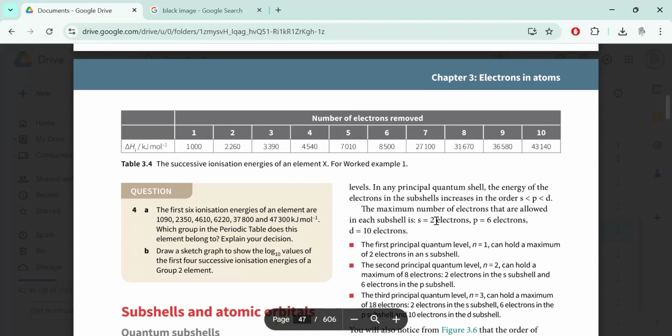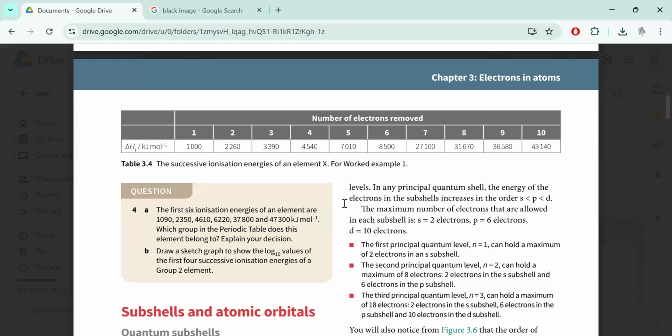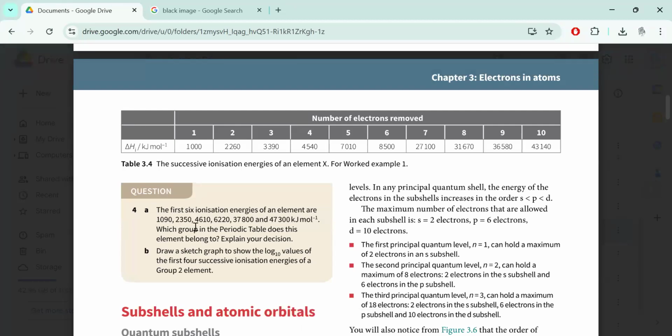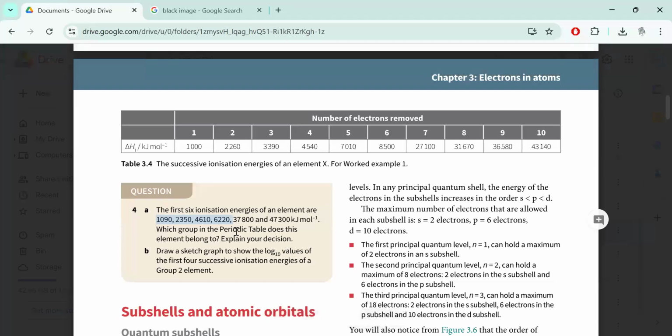Okay, so now we are going to move on to this one here. The first 6 ionization energies of an element are the numbers you can see here: 1090, 2350, 4610, 6220, and 37,000. We can see that for the first 4, highlighted here, it doesn't seem to need a lot of energy to remove the electrons.